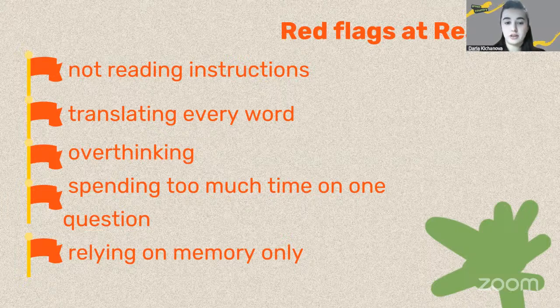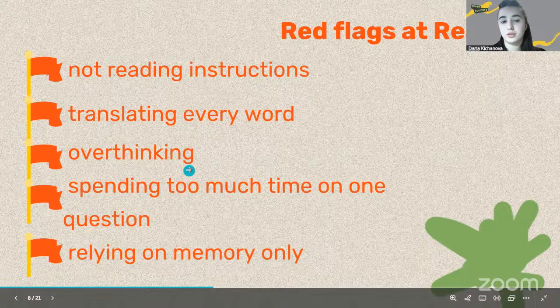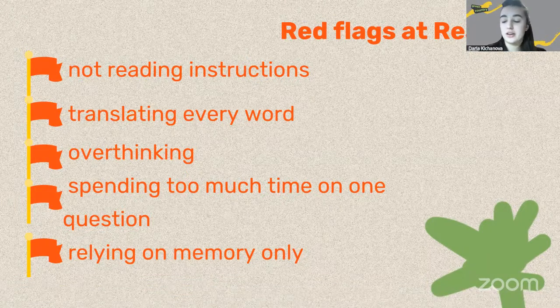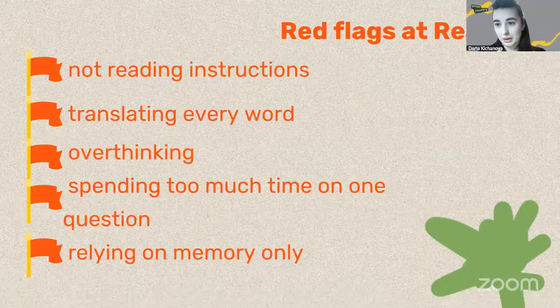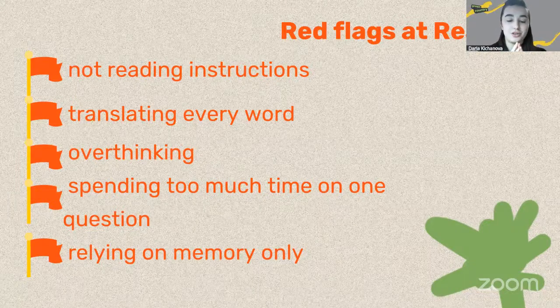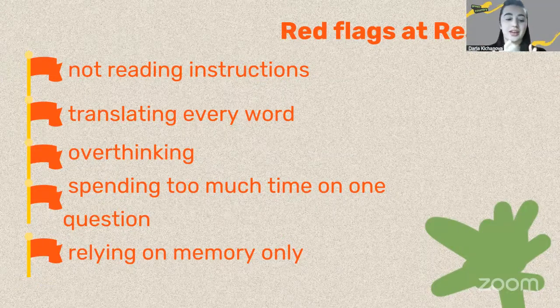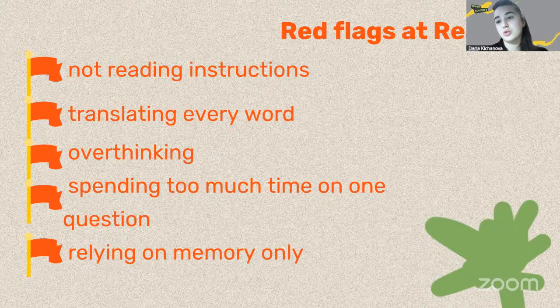As I said about overthinking, as I said about not reading instructions, please, I am sure that you have good memory. I'm sure that you can remember 10, 100 words at the test, but it doesn't mean that you don't need to double check when you found the answer.